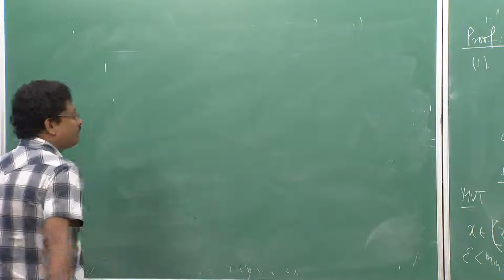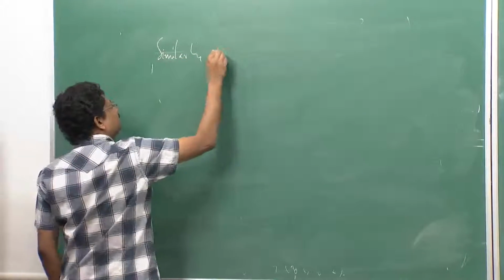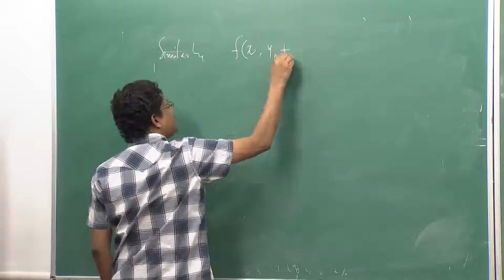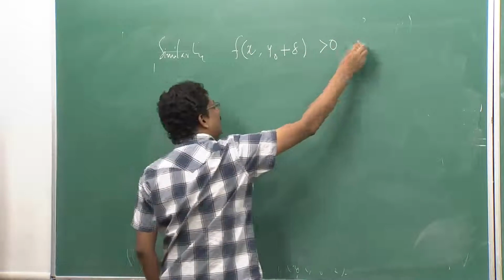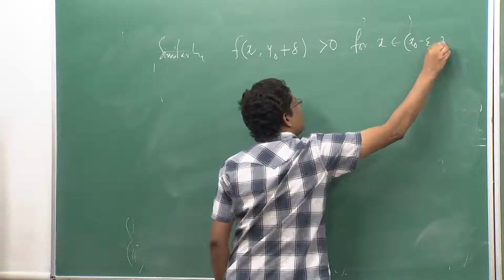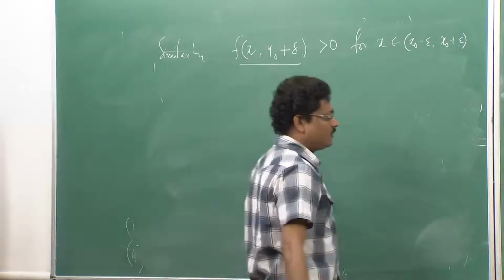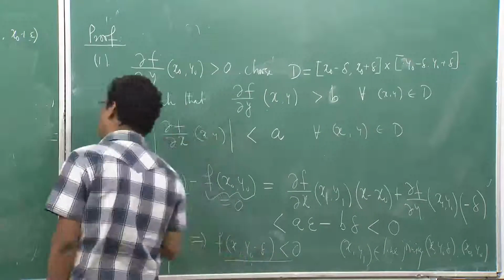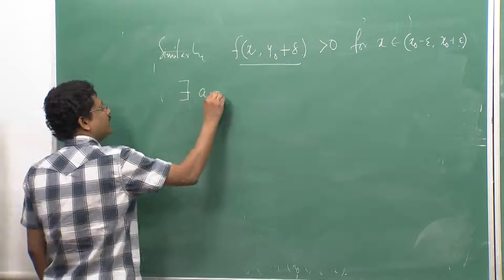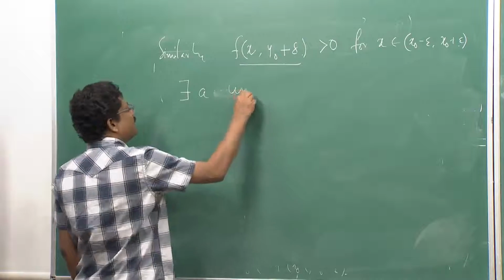Now, a similar calculation will show that f(x, y0 + δ) will be bigger than 0 for x in (x0 − ε, x0 + ε), and f(x, y0 − δ) is less than 0. So, therefore, there exists a unique — why unique?